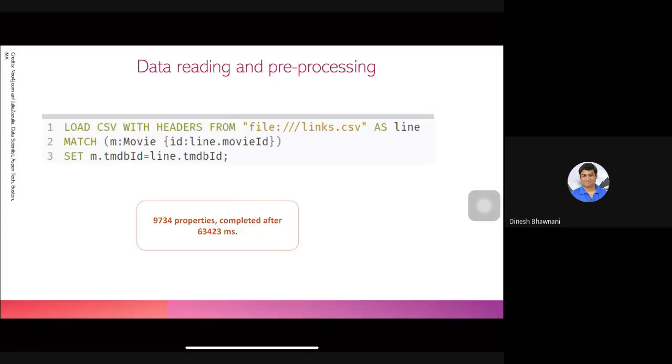Data reading and pre-processing. So links.csv has three different IDs for each movie. One is coming from the movieId field, which is the MovieLens dataset.